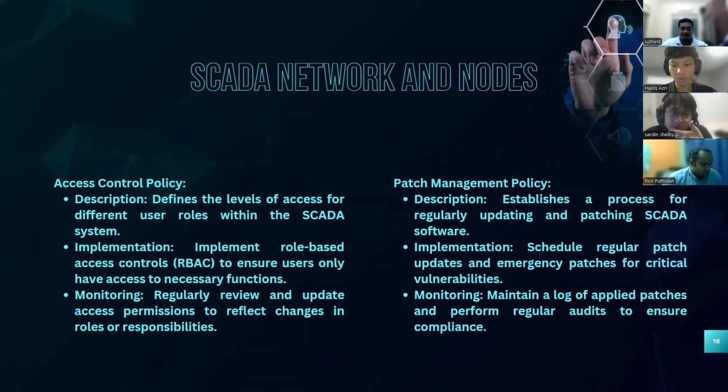Okay, next. This is the policy for the SCADA network. The first one is the access control policy. The description of this policy is to define the level of access for different user roles within the SCADA system.